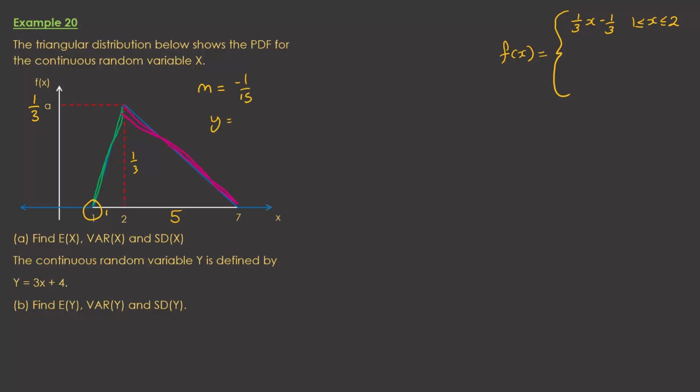So y is going to be negative 1/15 x plus a constant. We can see it goes through (7, 0), so 0 is going to be negative 7/15 plus a constant. So the constant is 7/15. So this is going to be negative 1/15 x plus 7/15, where x goes from 2 to 7, and then it's 0 everywhere else.